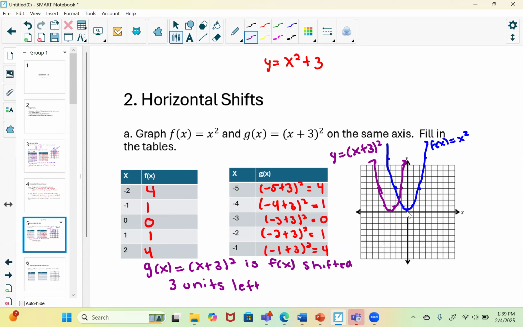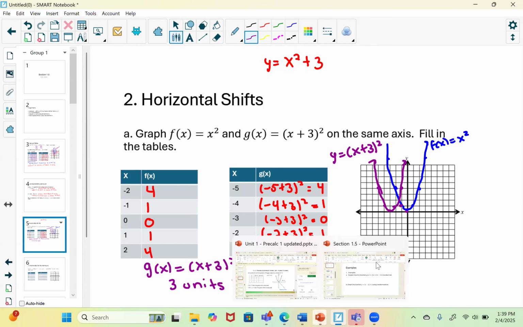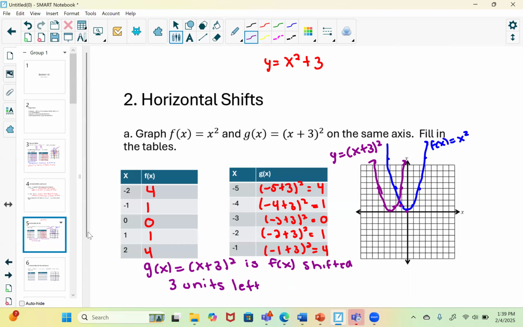Each point, when I started at 0, it went 1, 2, 3 to the left. This point here at -1, 1 went 1, 2, 3 left. That's what I mean by shifted left. Each point I could count 3 to the left from the blue, and that's where the purple ended. And that's called a horizontal shift.